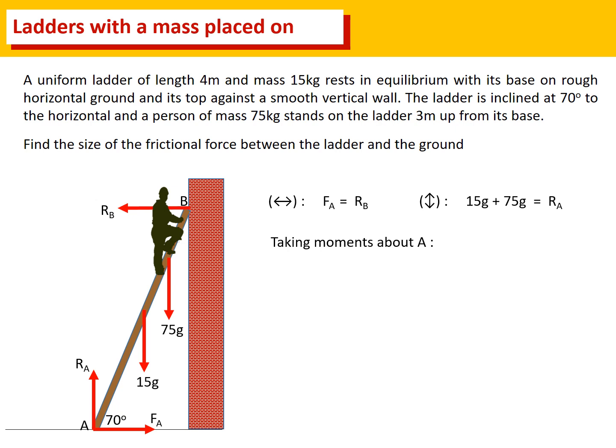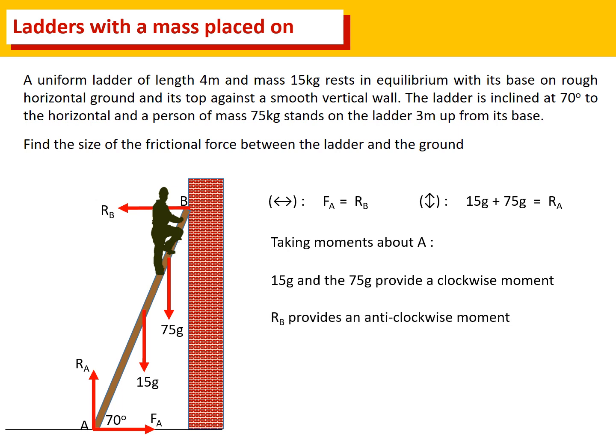If we take moments about A again, the weight of the ladder and the force exerted by the man on the ladder will both provide a clockwise moment, and the reaction force at B still provides an anti-clockwise moment.